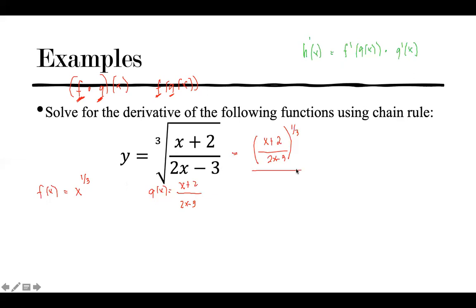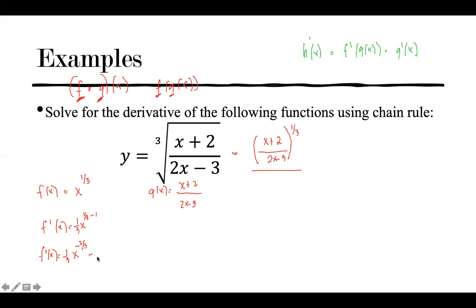So that's how we broke the composed function back into its original composition of functions, the original two functions we had. So if we solve for its derivative, this will be f prime of x, and this will be 1/3 x to the power of 1/3 minus 1. And so to solve further, this will be 1/3 x to the power of negative 2/3.